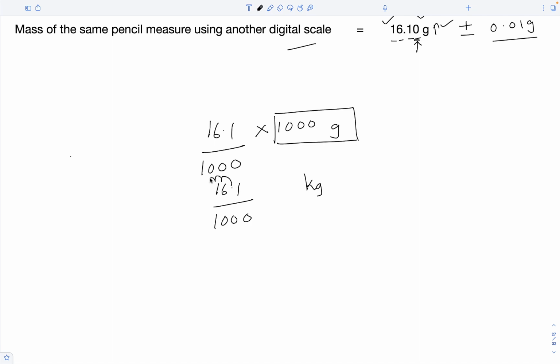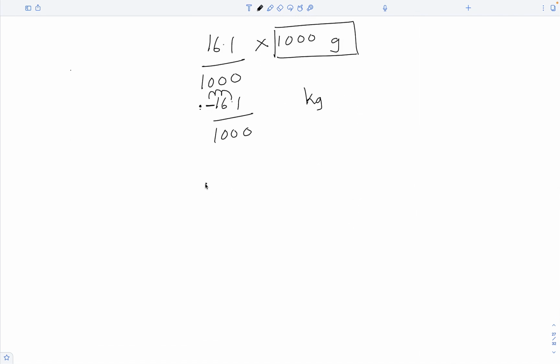So, for 3 zeros, we have to move the decimal point by 3 places to the left, and this will be the new position of the decimal point, and there is an empty space between this decimal point and this 1. So, we can write it as dot space 161 kilograms.